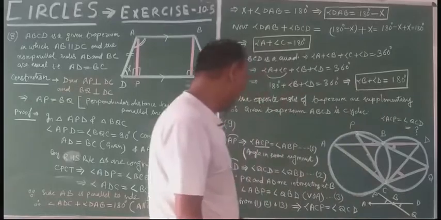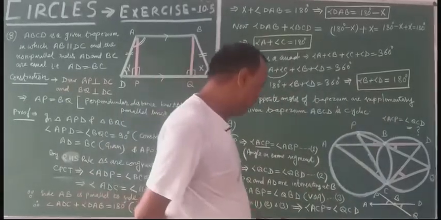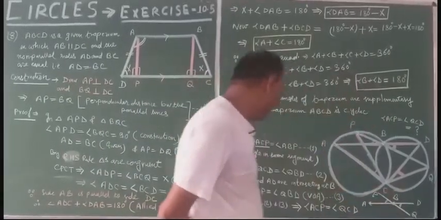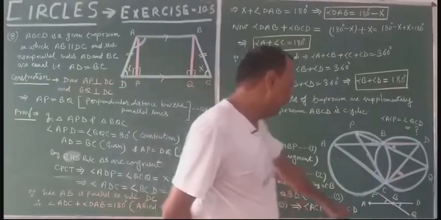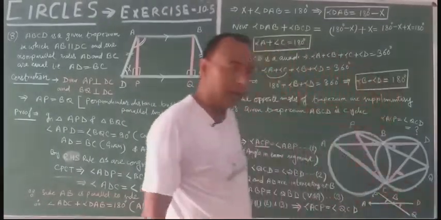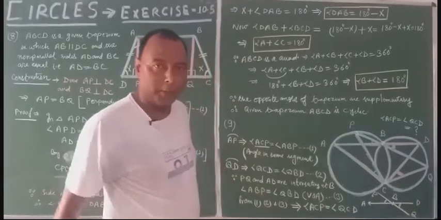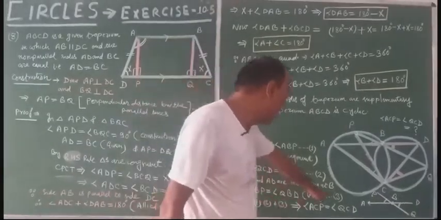Which angles? Angle ABP and angle QBD. Both are equal because they are vertically opposite angles. This is equation number 3.